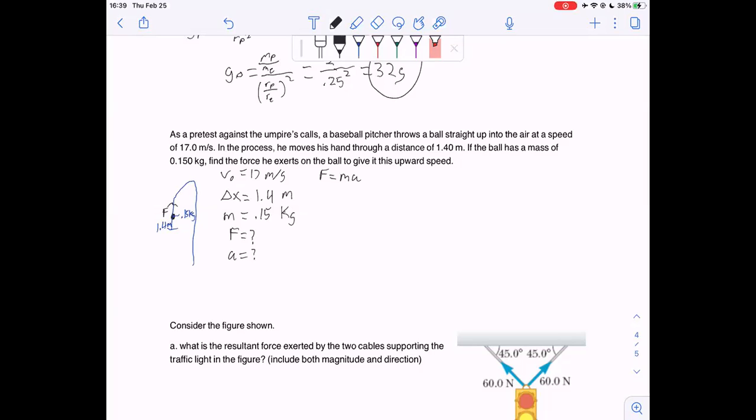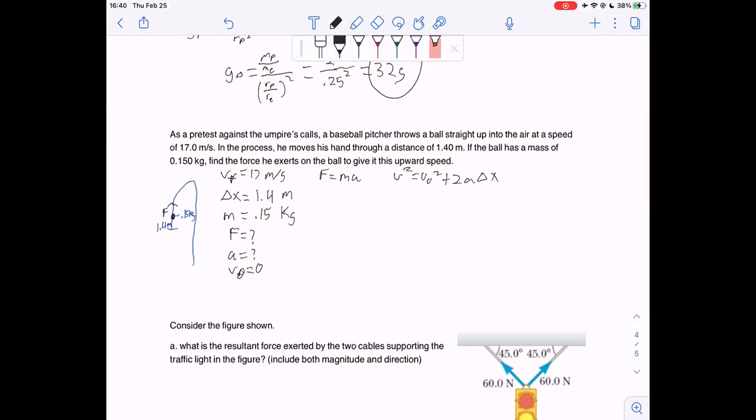So to find our acceleration, we're just going to use a kinematic equation, time independent. So final velocity squared is equal to initial velocity squared plus 2 times acceleration times delta x. So we know our final velocity. That's our final velocity. This is our initial velocity, which is 0. At the bottom, still in hand, not moving.